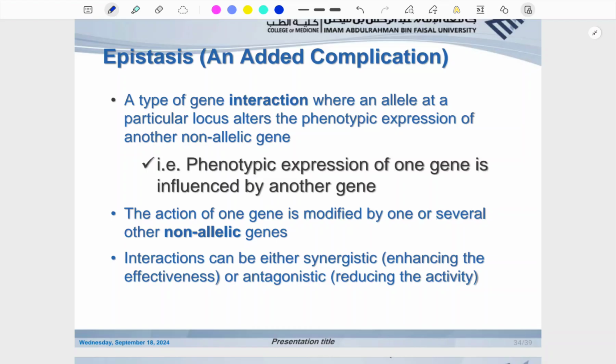What is it? A type of gene interaction where an allele at a particular locus alters the phenotype expression of another. Look at it, non-allelic gene, not the same, non-allelic gene. One gene influences the expression of another gene.